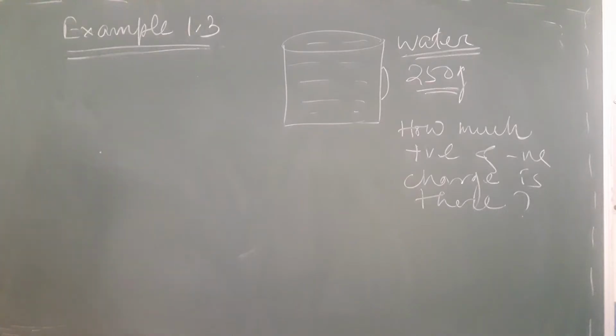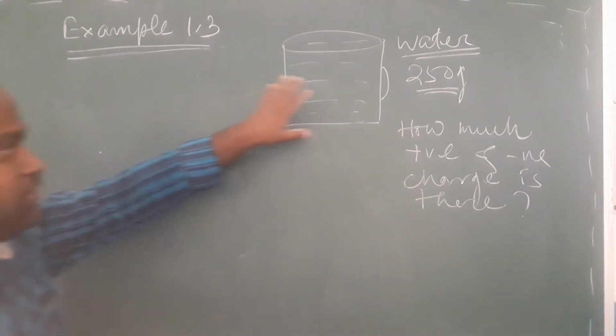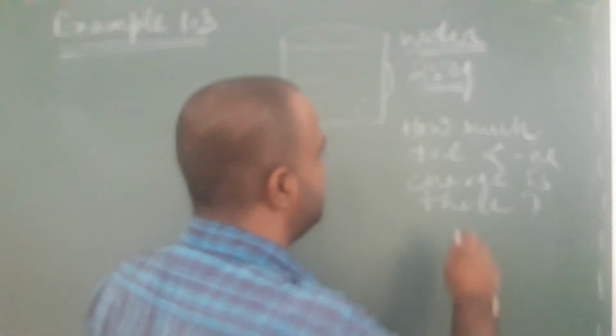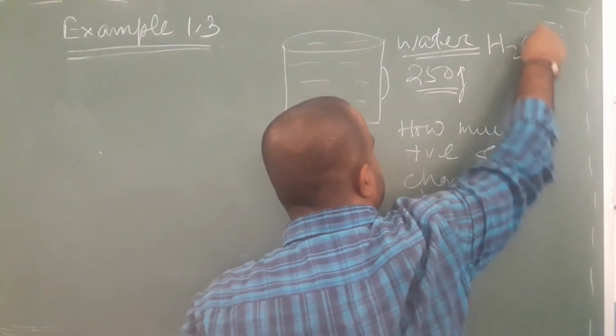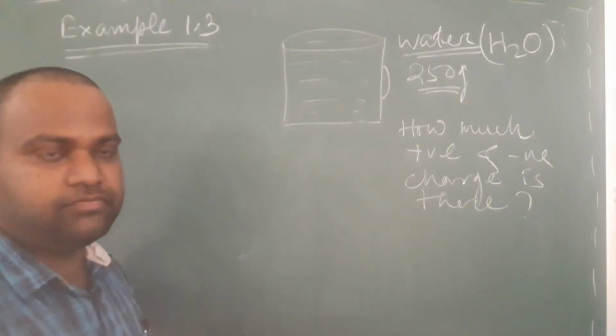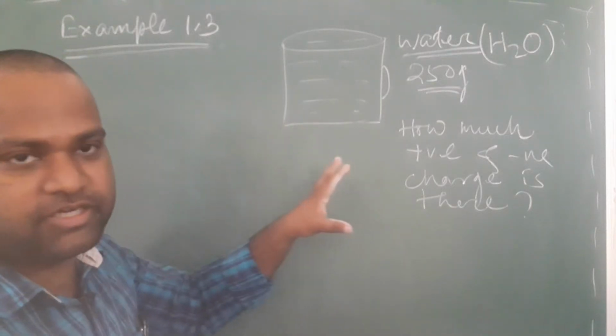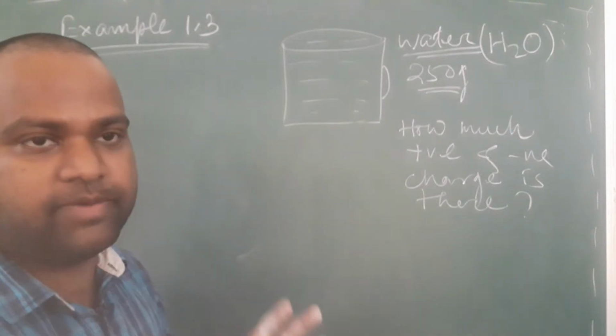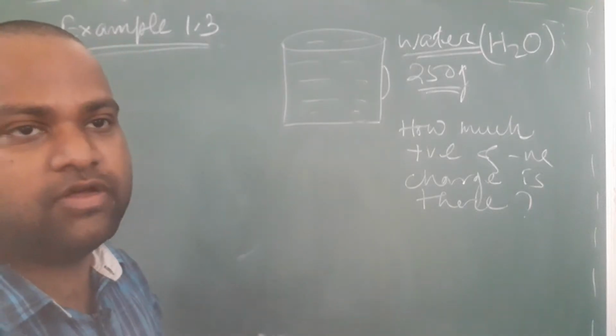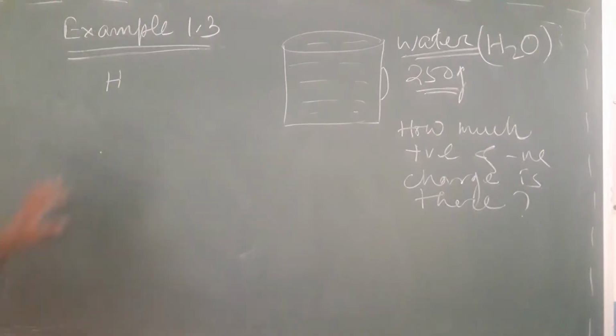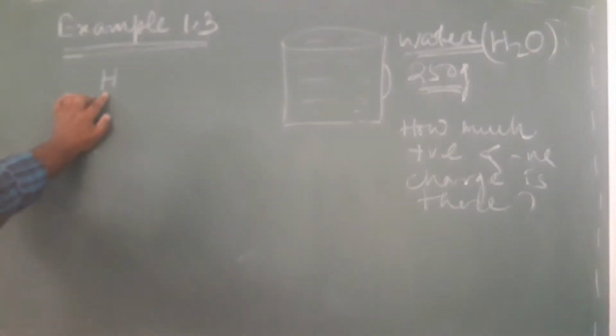Before we discuss that, what is the formula of water? As you know, it is H2O, right? That means two hydrogen atoms and one oxygen atom combine together to form one water molecule. What is the atomic number of hydrogen? The atomic number of hydrogen is 1. Hydrogen has one proton in the nucleus.